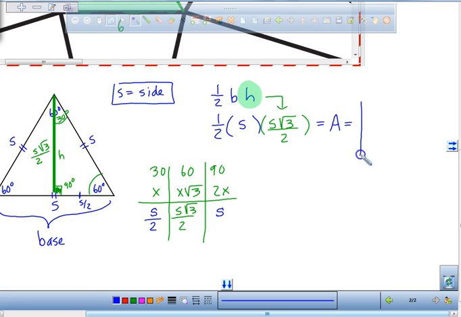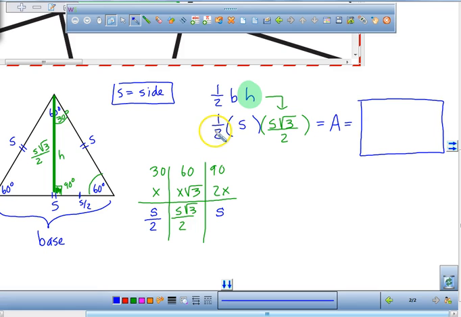What's going to be the shortcut that you can have in your journal every single time you come into contact with an equilateral triangle? You're going to say it is, what is a half times another half over here? Think long. What's S times S?